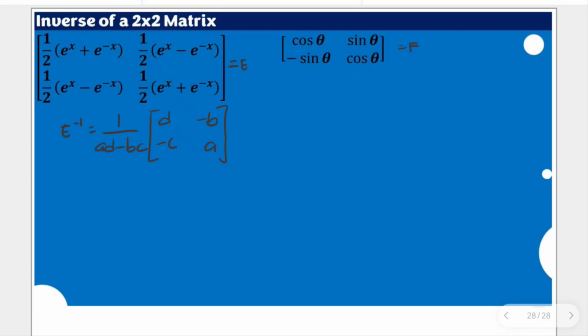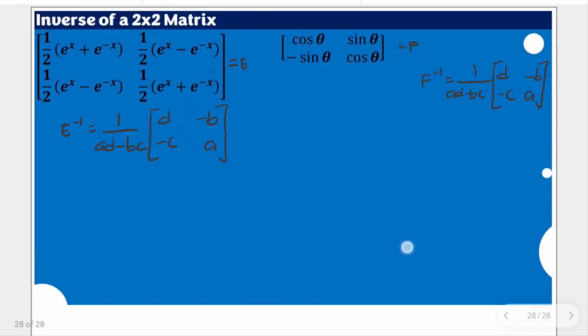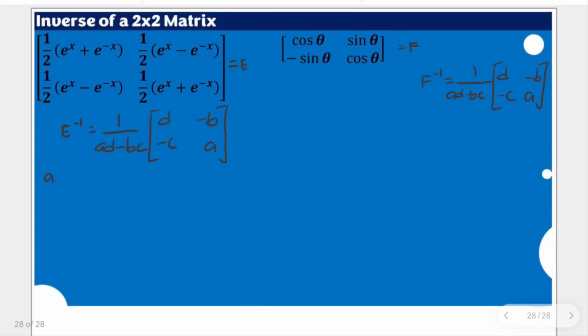Same as here, the inverse of F is equal to 1 over AD minus BC times D, A, negative B, negative C. So first, let's identify the correct representations for A, B, C, and D.